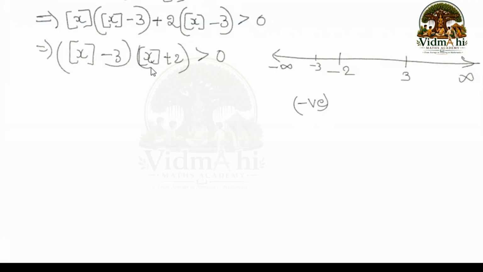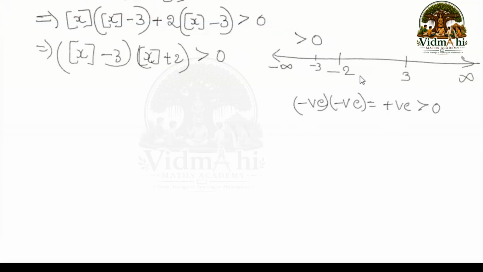Next, greatest integer of minus 3 plus 2, that is negative. Negative into negative is positive, that is greater than 0. In between minus infinity to minus 2, if you give any value, the function is greater than 0.